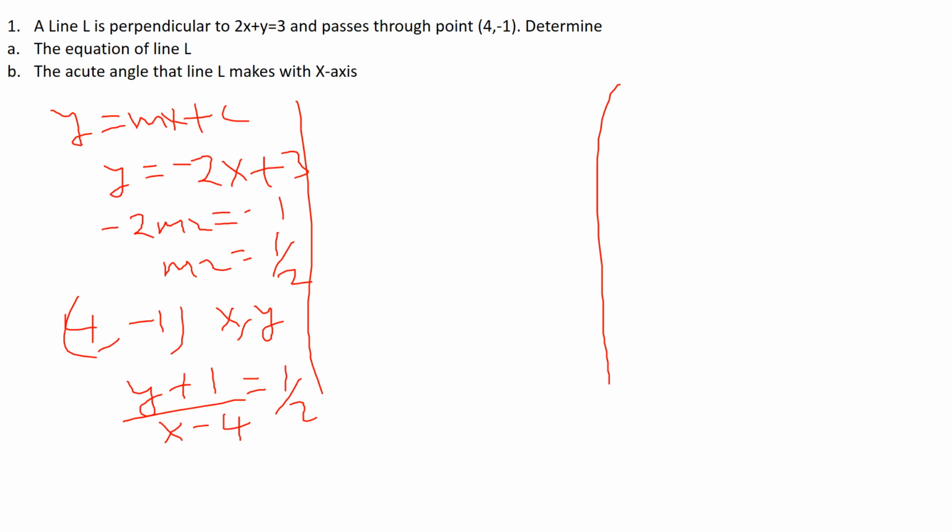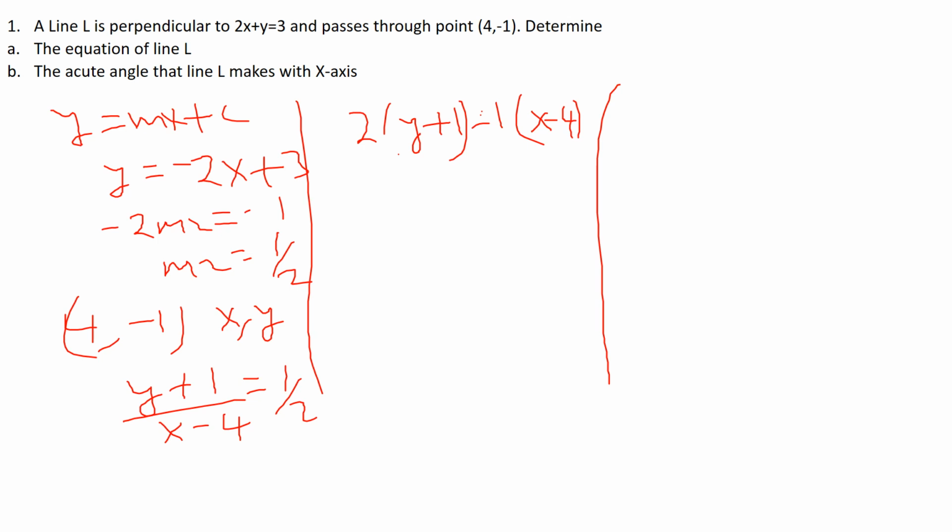So we can just cross multiply them, and then you'll get 2 times y plus 1 is equal to 1 times x minus 4.